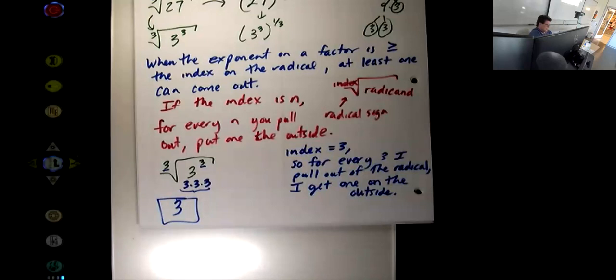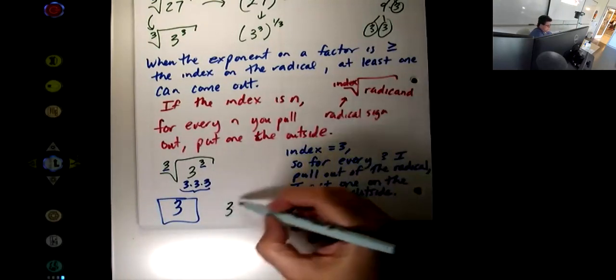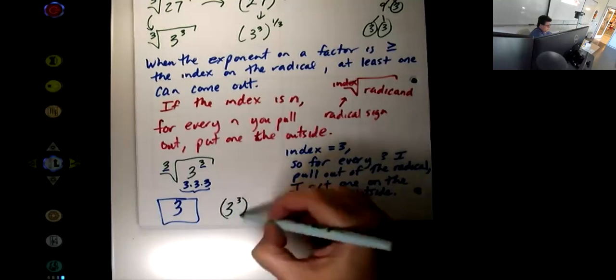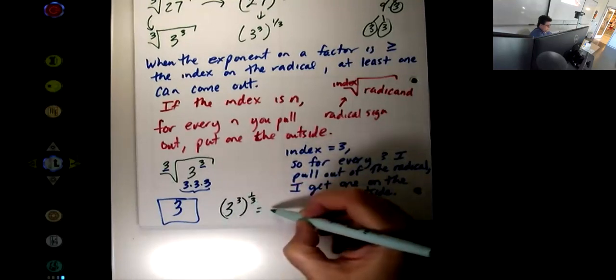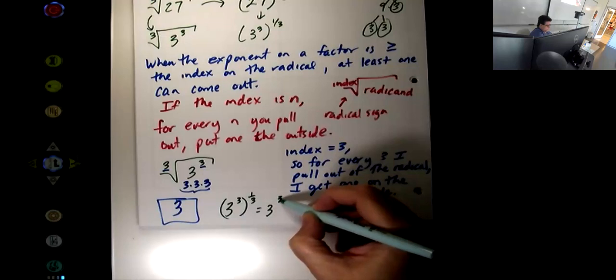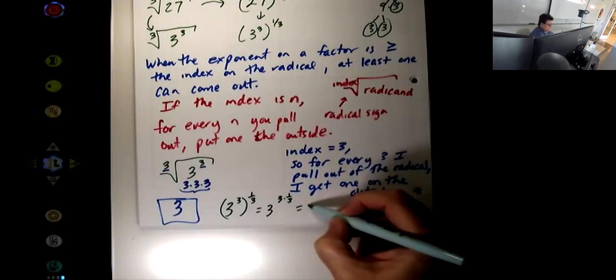And you can see that if you use the exponent approach. We had 3 cubed times the 1/3 is 3 to the 3 times 1/3, which is 3 to the first power.